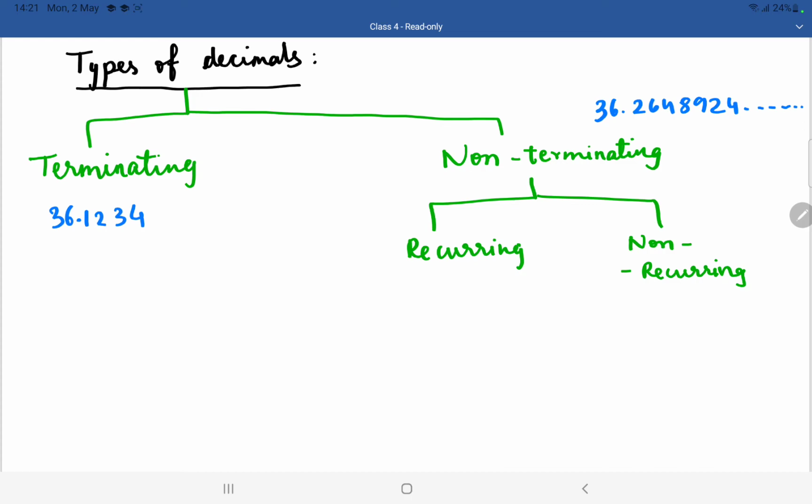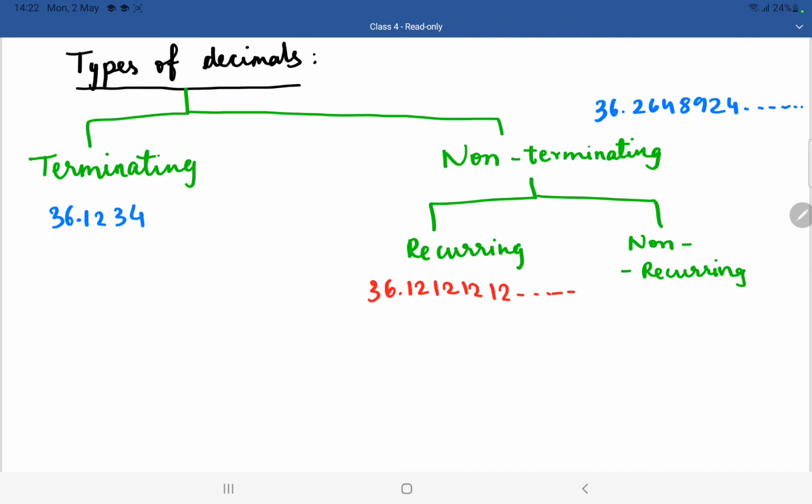Okay. Again, in the non-terminating decimals, we have two types. What are the two types? The first one is recurring and the second one is non-recurring. Now, what is meant by recurring and non-recurring? Recurring means, let me take 36.121212 and so on.